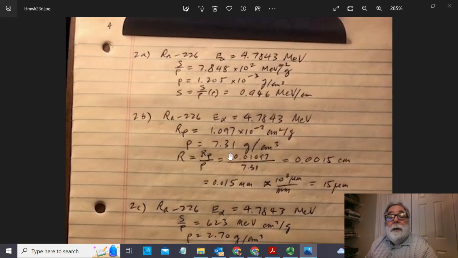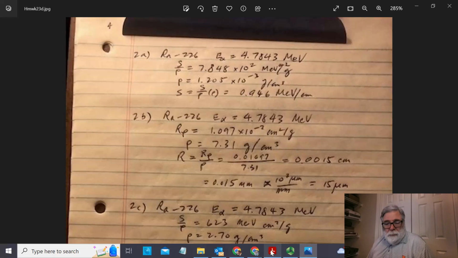I said 7.31. The range times rho gives us the square centimeters per gram. Divide out the rho, and I get 0.0015 centimeters. I calculate that to be 15 microns. That's the thickness of tin required to stop these alpha particles. Boy, you can stop alpha particles with a very thin layer of tin.